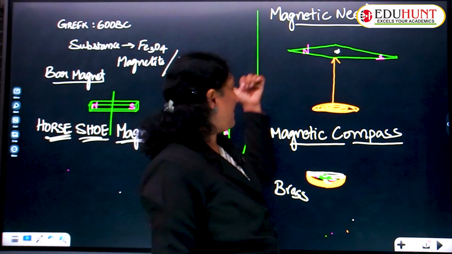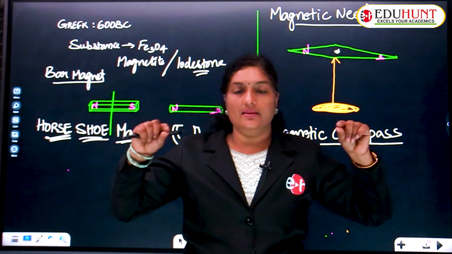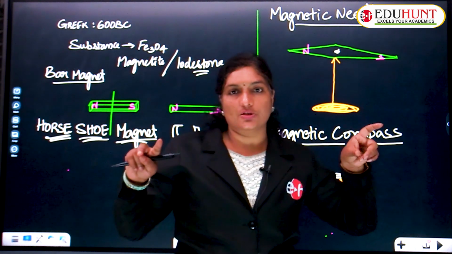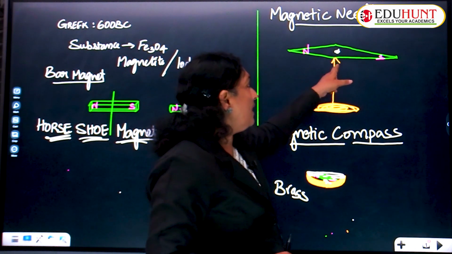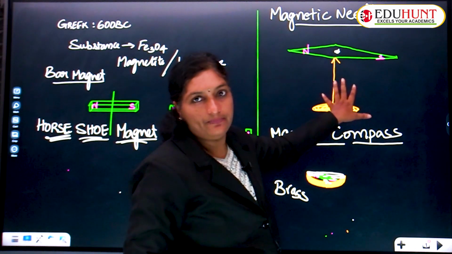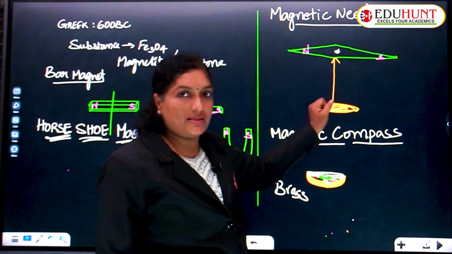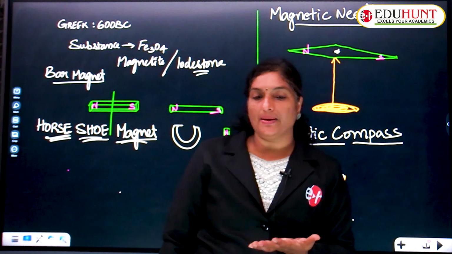A bar-like structure is taken which is wider at the middle and tapered at the edges. It also has two poles, one north pole and the other south pole, and it is gently placed on a pointed stand which indicates the north-south direction. This is called a compass needle. Next is the magnetic compass. How does a magnetic compass look?